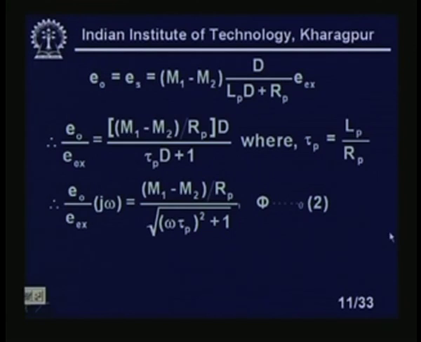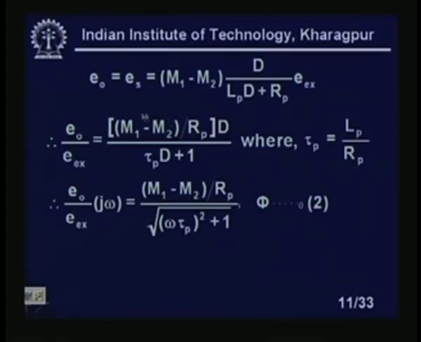M1 will vary and M2 also will vary. If I move the core up, what will happen? The M1 will increase, M2 will decrease. If I make the core go down, M2 will increase and M1 will decrease, is it not? So, this X is hidden within this M1 and M2. So, obviously, this output voltage will be proportional to the position of the core, or X, right.